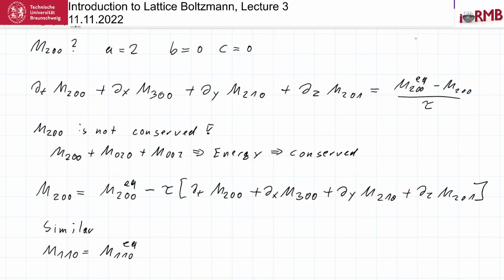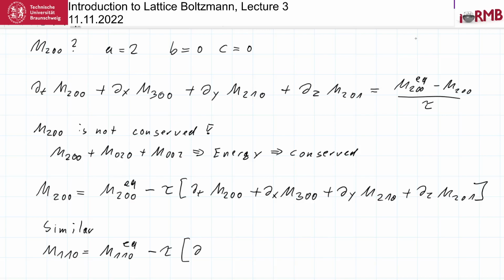So again, we get the equation, we solve the equation for M110, assuming that the collision operator in this case is not zero because it's not a conserved moment. So it looks exactly the same. This is the equilibrium minus tau.